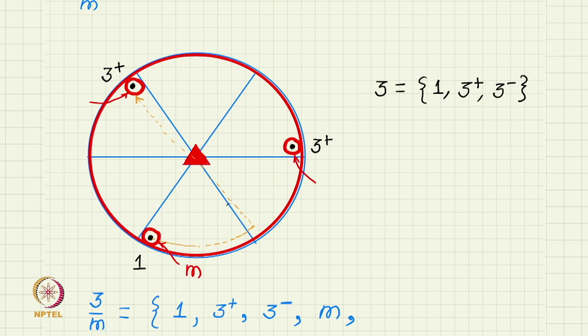So, this red circle here is nothing but 6 bar plus, and this one you can convince yourself will become 6 bar minus.